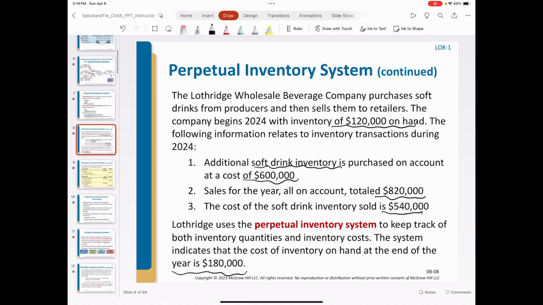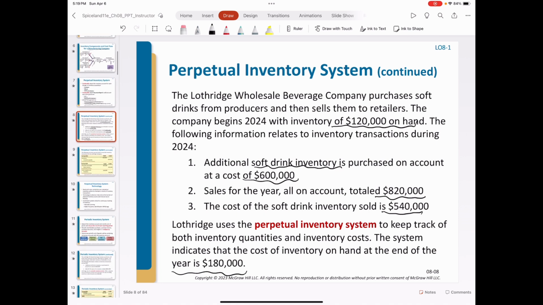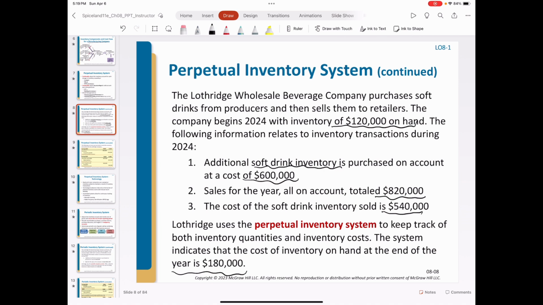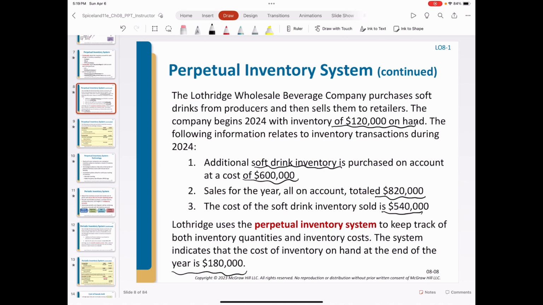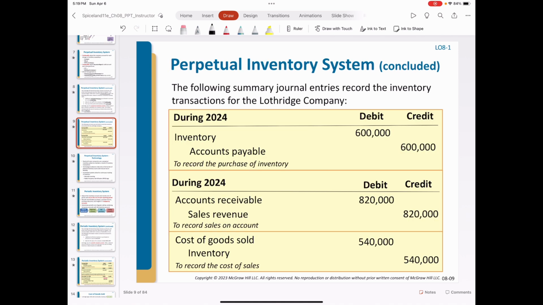Let me show you the accounting of the perpetual inventory system for these transactions. First is the purchase on account. The company debits inventory and credits accounts payable, because it was a purchase on account.